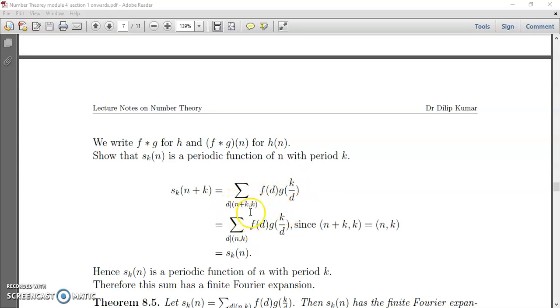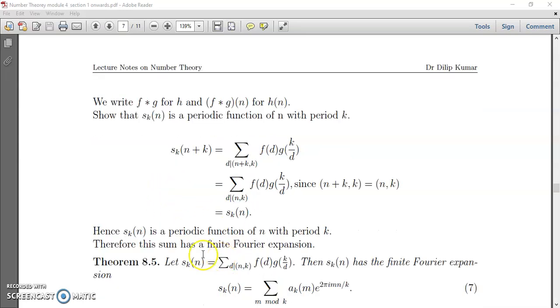But we know that gcd of (n,k) is a periodic function, so we can replace this gcd(n plus k, k) by gcd(n,k). So this will reduce to sigma d divides gcd(n,k) f of d g of k by d, and this is nothing but s_k(n). So we have seen that s_k(n plus k) is nothing but s_k(n). So s_k(n) is a periodic function of n with period k.